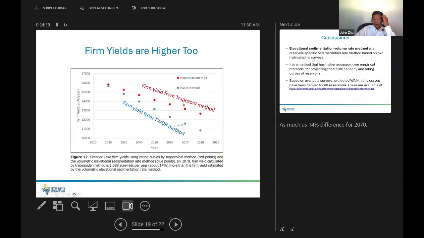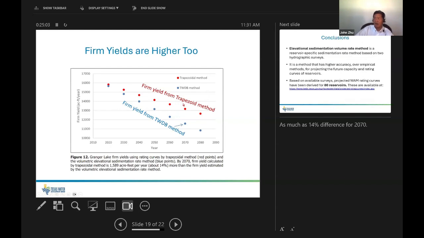And then how about the firm yield? We compute it by these two different reaching curves. The empirical trapezoidal method is the right point for the firm yield from 2020 to 2050. The last graph I show you is over here, 2050.